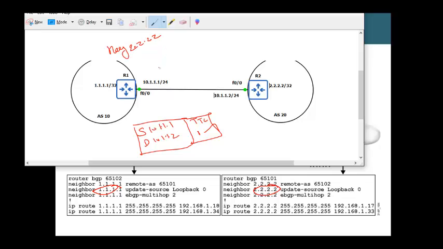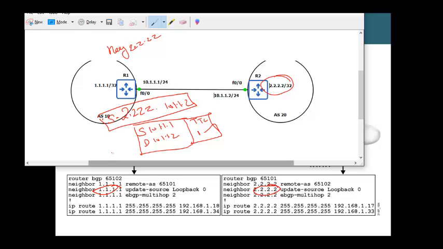When I say 2.2.2.2, is 2.2.2.2 directly connected? No. 2.2.2.2 is not directly connected. So you will write a static route saying 2.2.2.2 go to 10.1.1.2. This is the static route that we will write.